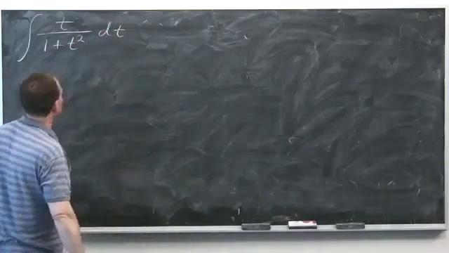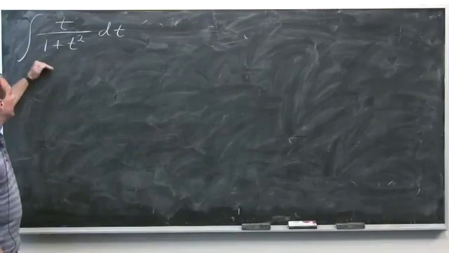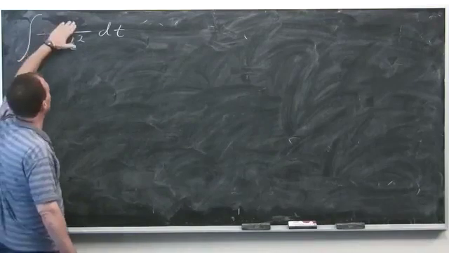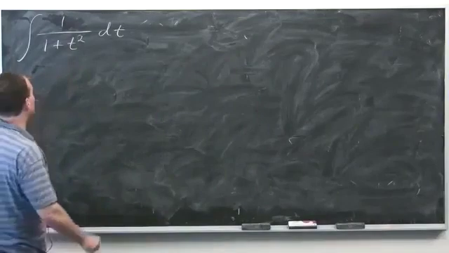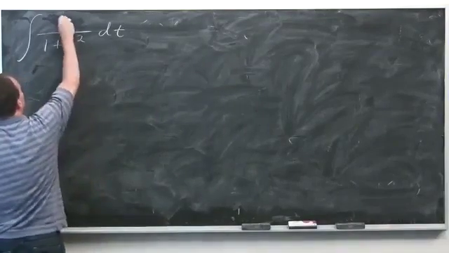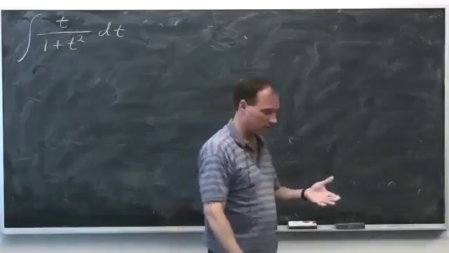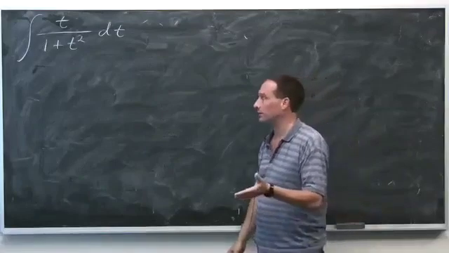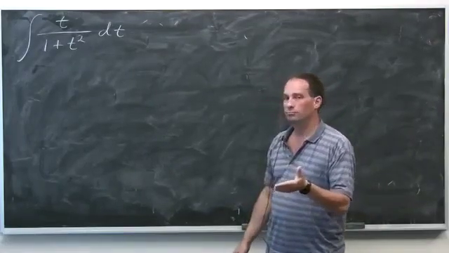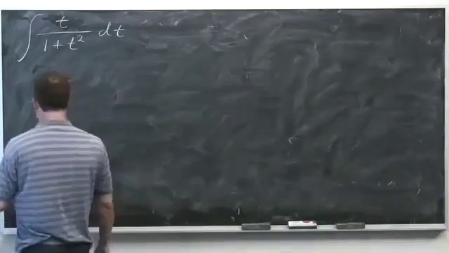So maybe it doesn't look so obviously like a substitution. You might also think, oh, isn't that inverse tangent or something? If this were a 1, this would exactly be the inverse tangent of t plus a constant. This is not a 1, it's a t. You should think for a minute, do I know a function whose derivative is t over 1 plus t squared, or x over 1 plus x squared with respect to x? You should know that you don't have one of those memorized. And then you should hope that this is a substitution.